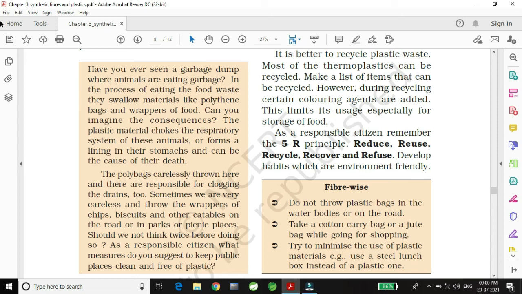Sometimes the plastic will choke their respiratory system, which causes the death of some animals, and some animals will chew the plastic bag and take it to the stomach, and on the inner lining of the stomach a plastic layer will get covered, which will harm their health. So we should not throw plastic bags outside.